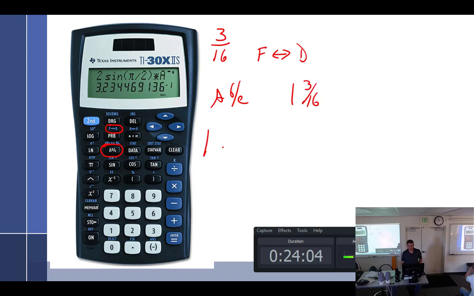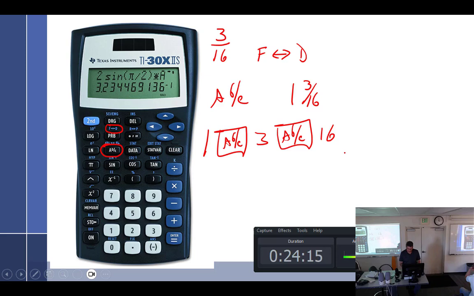I would do 1, ABC, 3, ABC, 16. Let's see if I get it right. And it should show you 1, 3, 16.